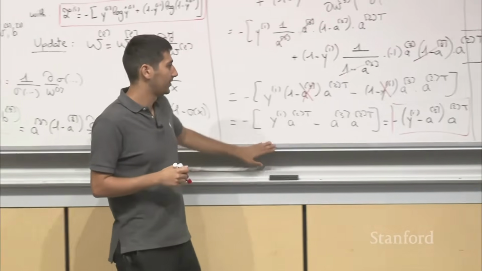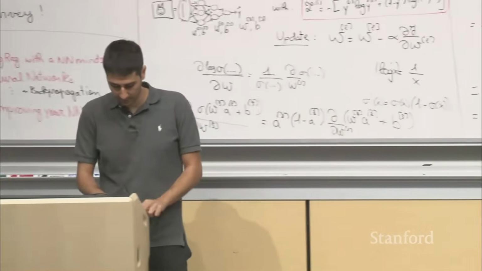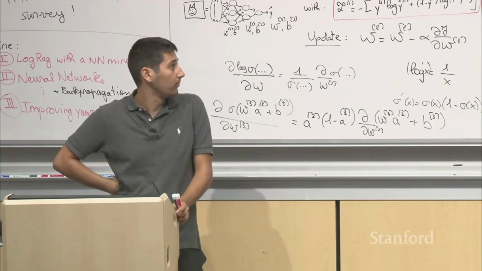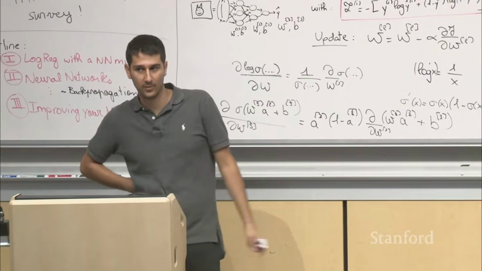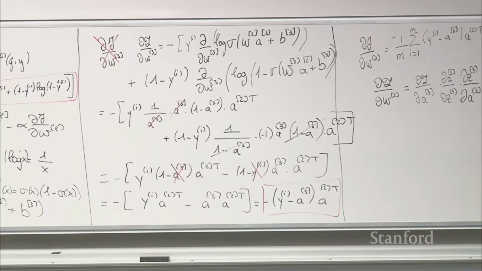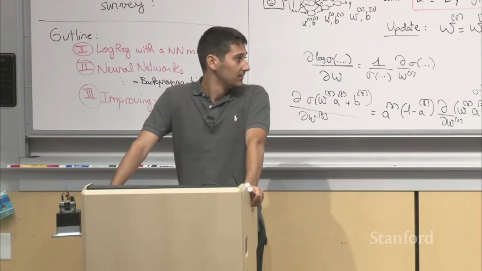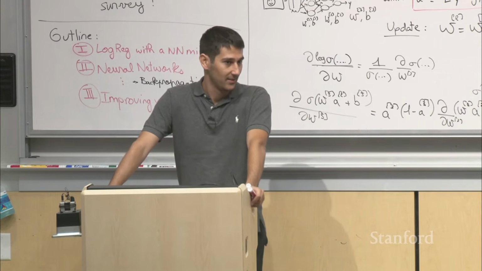So now the question is, how can we use the derivative we already have in order to compute the derivative with respect to W2? Can someone tell me how we can use the result from this calculation in order not to do it again? You cache it?